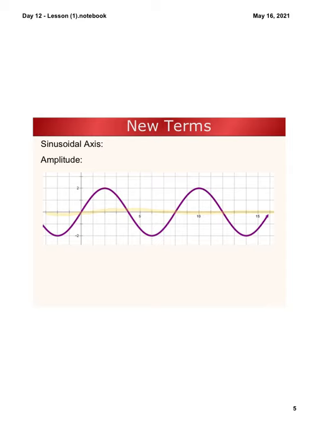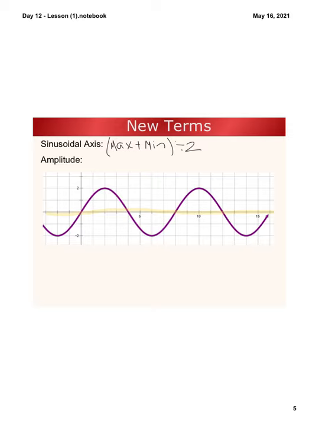Oftentimes, if we have a graph, it's very easy to see, but if we don't, and we're just given some information, we could calculate this sinusoidal axis easily by using the following formula. If we take the maximum plus the minimum and then divide that by 2, we'll get our axis, or our middle line.